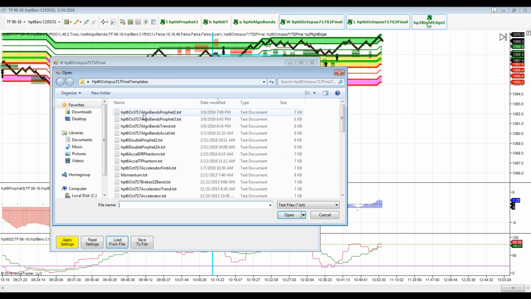This one, Algo Bands Profit 2, that's a momentum-based Algo Band. The Algo Bands Profit 3 is a momentum-based Algo Band. That's momentum-based, okay? Algo Bands Trend, obviously, is momentum-based as well. And the Algo Bands Accelerator is momentum-based.